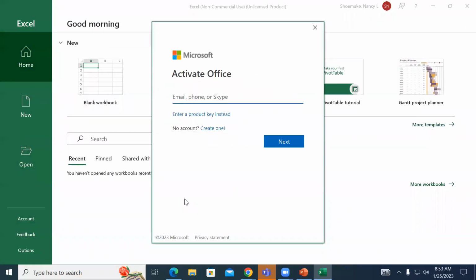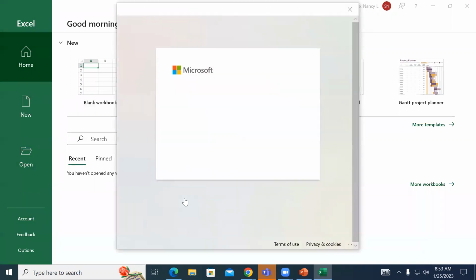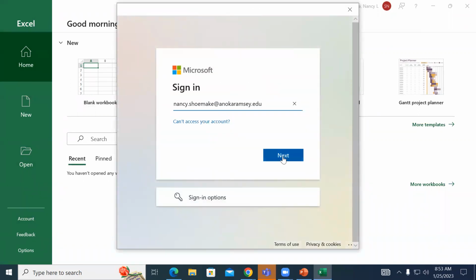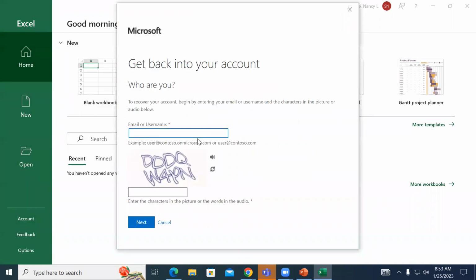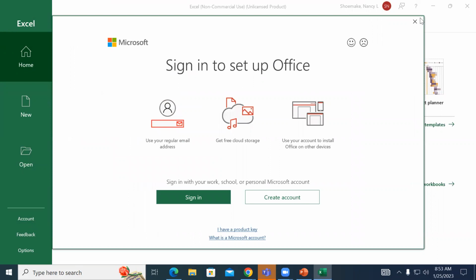Sign in. You know what, they haven't set this computer up to use.